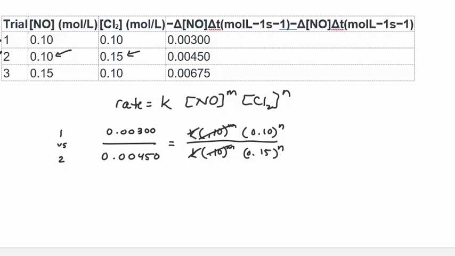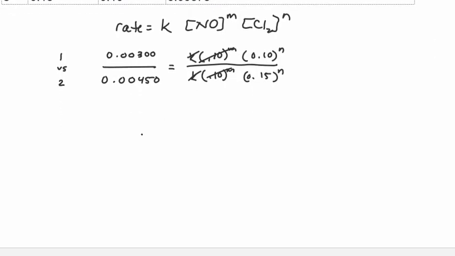And then I do some algebra 2 on it. So when I have my 0.003 over 0.0045, this is actually a ratio of 2 to 3. So it's 0.10 raised to the n, and this is my Cl2 that I'm working on, over 0.15 raised to the n. Now comes the slightly more advanced algebra technique where we take the log of both sides.